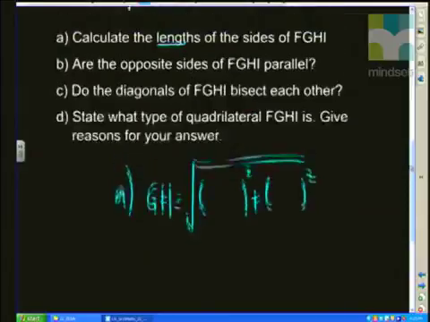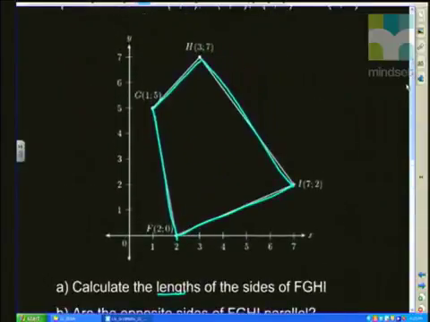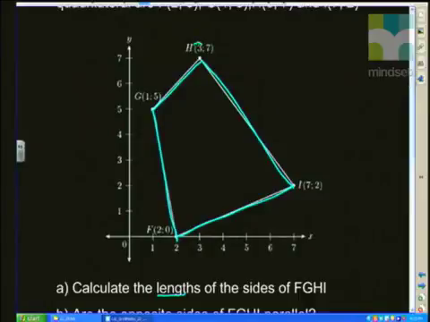So let's look at GH. I'm going to say the x-coordinate at H minus the x-coordinate at G, and square that entire thing. Then it's plus the y-coordinate at H minus the y-coordinate at G, and square that entire expression.